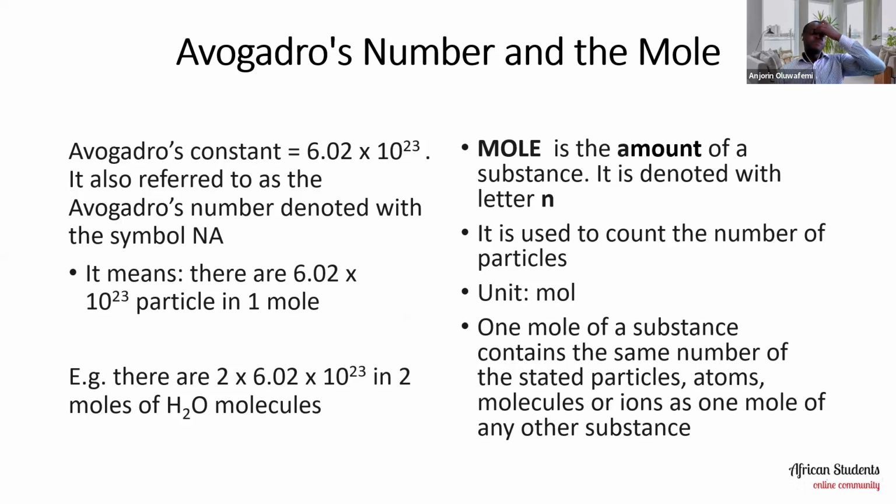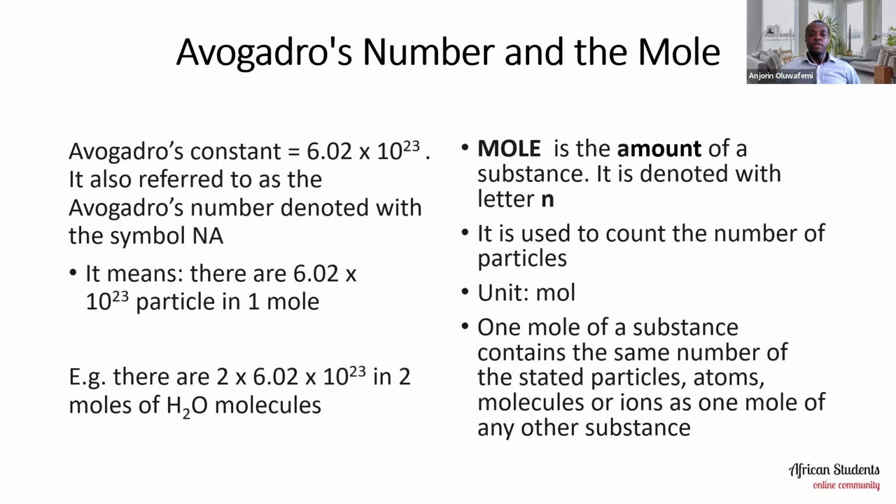Now, take for instance, there are 2 times 6.02 times 10 to the power 23 molecules in 2 moles of water. So if you have 2 moles of water molecules, for us to be able to know the number of particles contained therein is just for us to say 2 times 6.02 times 10 to the power 23.